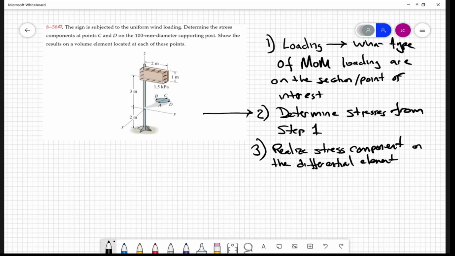And then clearly, this is a major issue. When we were doing stuff from chapter 6 on bending, clearly you knew these were bending problems and you had to use MC/I. But in real life as an engineer, you're not going to be at a design review and they say, okay, what's the bending stress? You have to look at the structure, see the loading and say, okay, there's going to be torsion here, there's transverse shear, there's axial, whatever, right?